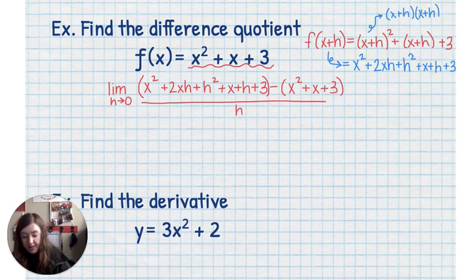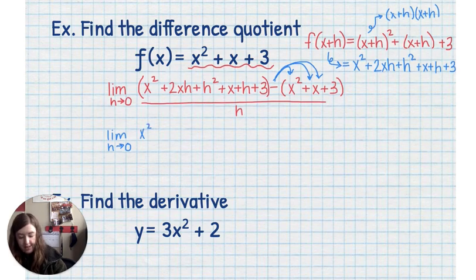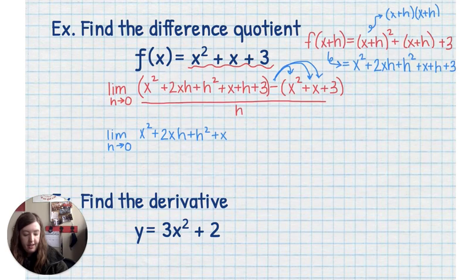So now we need to make sure that we distribute the negative out to everything in the second set of parentheses. So right now we have the limit as h approaches 0 of x squared plus 2xh plus h squared plus x plus h plus 3.